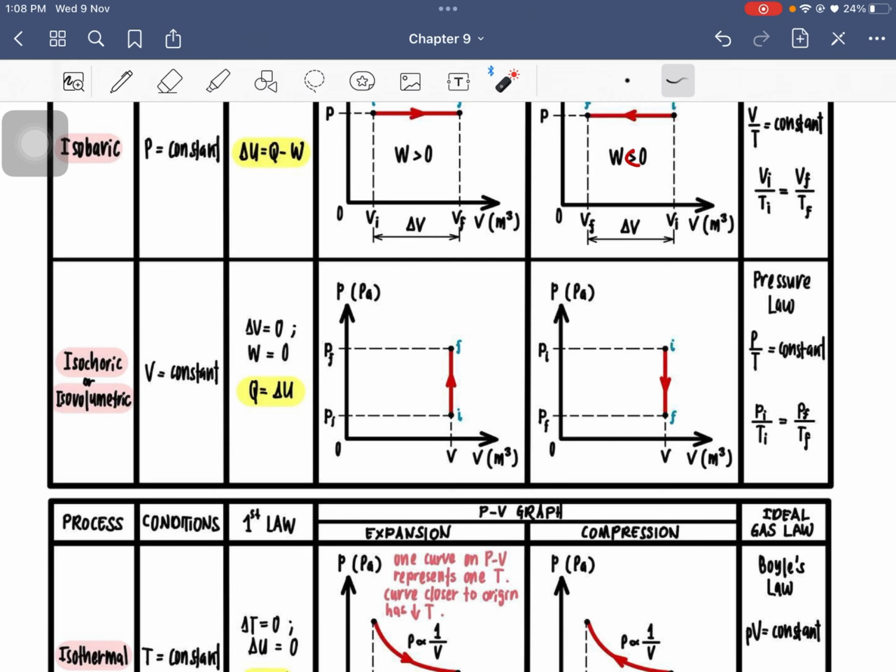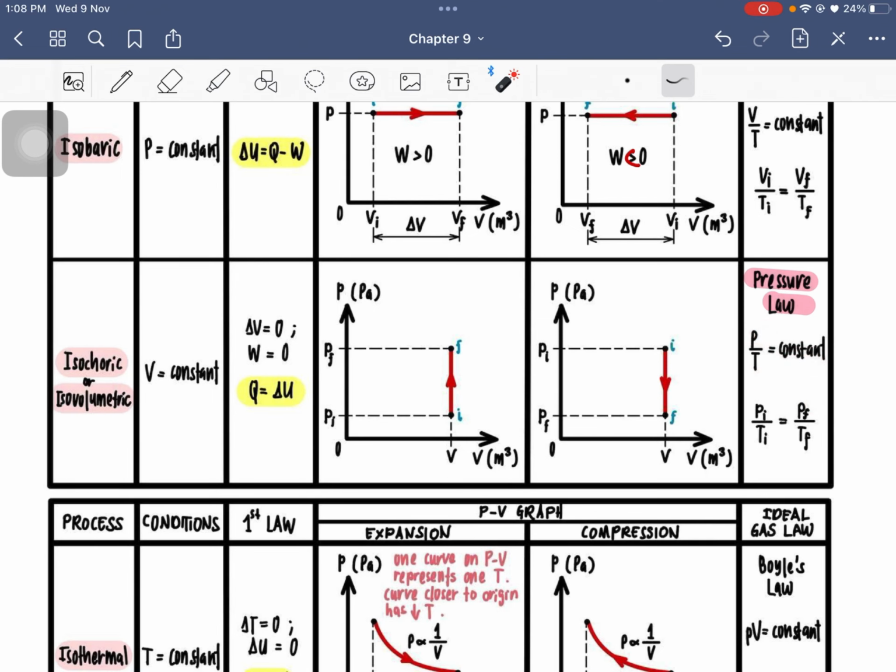The graph is like this because volume is constant, going from initial to final. Work equal to 0, that's why there is no mention of any work here. The ideal gas law that we can apply here is the pressure law, where pressure over temperature is constant.